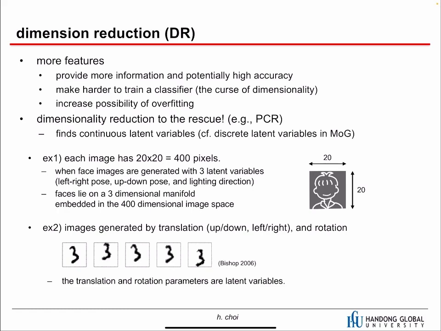This says that if we increase the dimensionality by 1, then we need exponentially more training samples. So if we increase the dimensionality by a few numbers, then we need a lot more data samples to train the classifier. That is the curse of dimensionality.